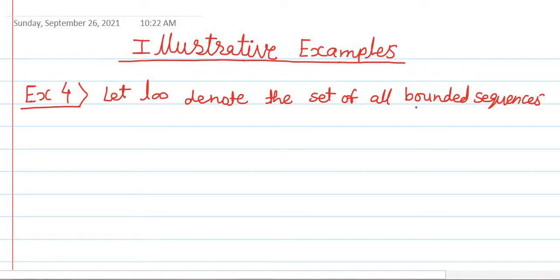So let L infinity denote the set of all bounded sequences xn of real numbers.